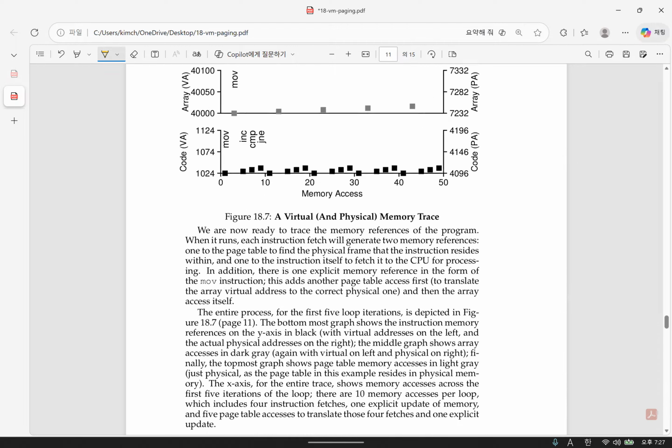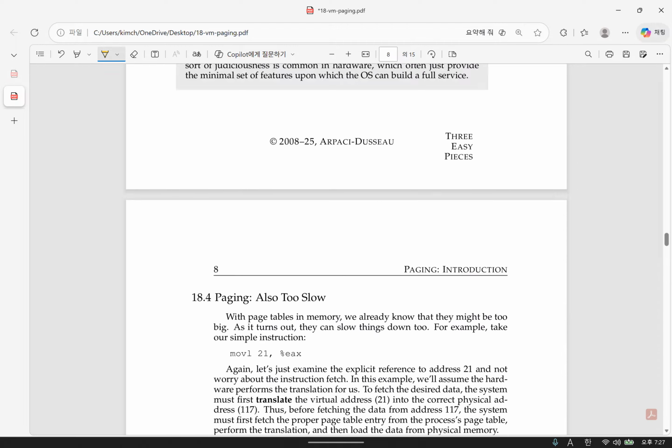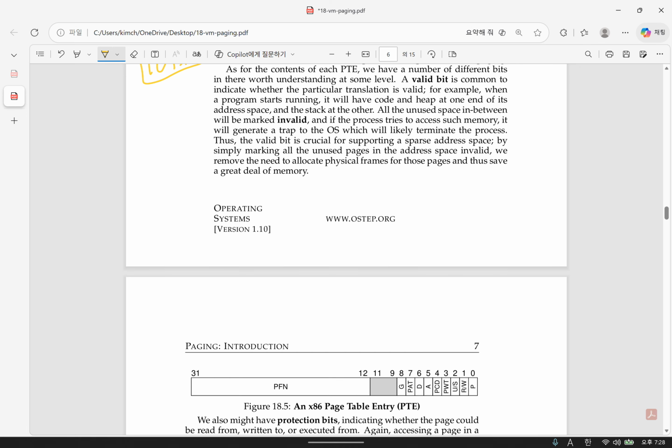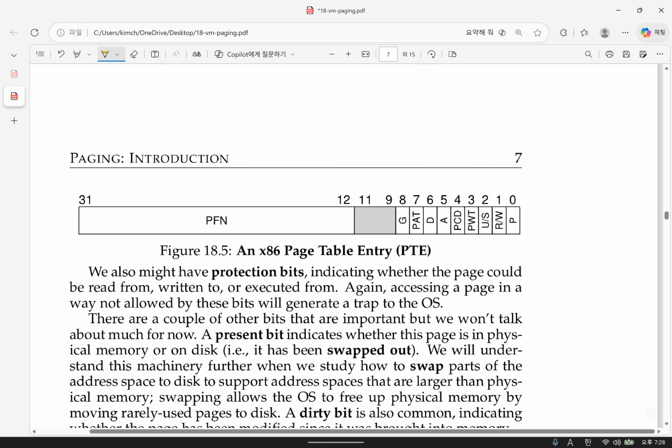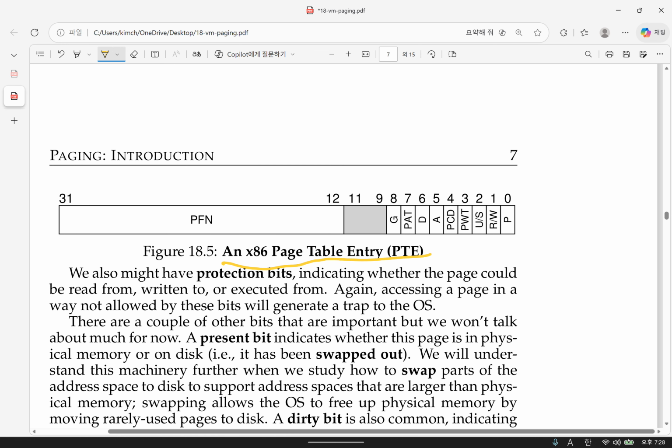Before we tackle the problem straight away, we want to start small. Let's forget for now how page tables are way too big and how we should shrink them. Let's first talk about what's actually in the page table. Here you can see a page table entry. What does it actually hold?